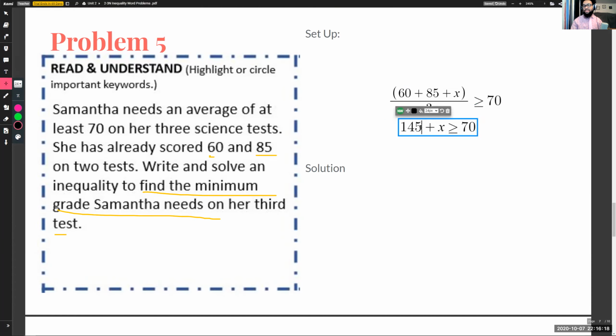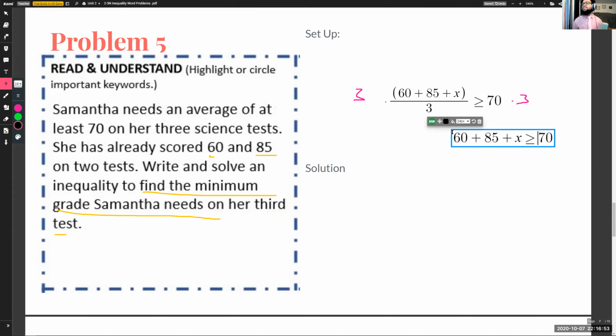So my first step actually isn't going to be to do that. It's going to be instead to multiply by 3 on both sides to get rid of this fraction. So times 3 on this side and times 3 on this side. And now I have the stuff I had before, the 60 plus 85 plus x is greater than or equal to 70 times 3, which is 210.